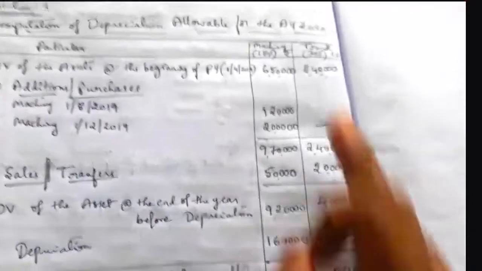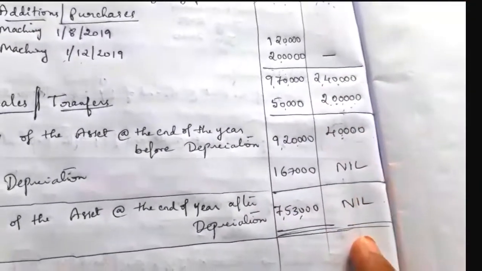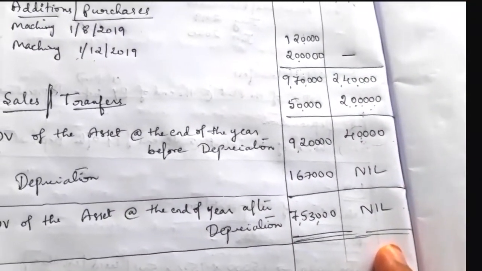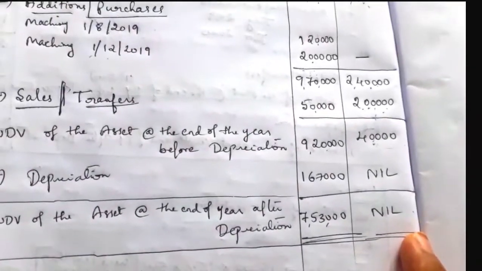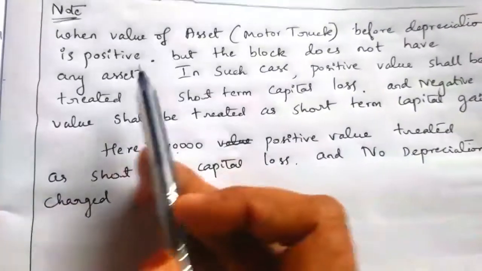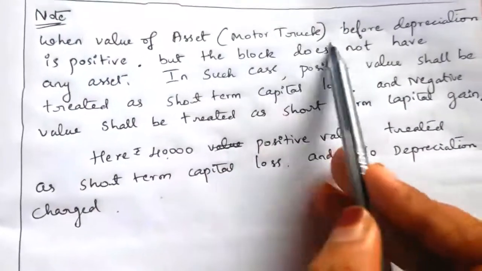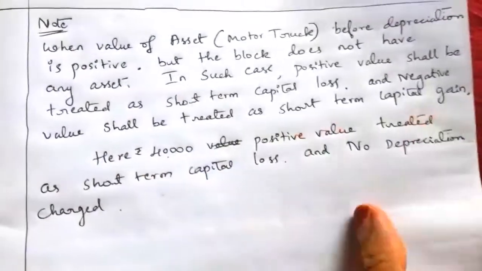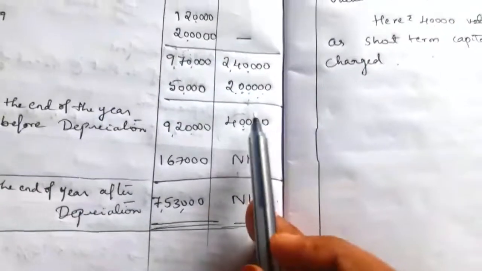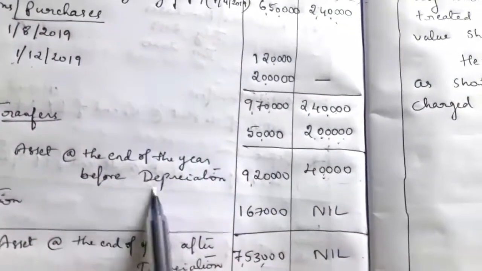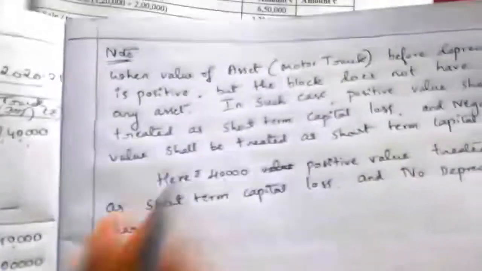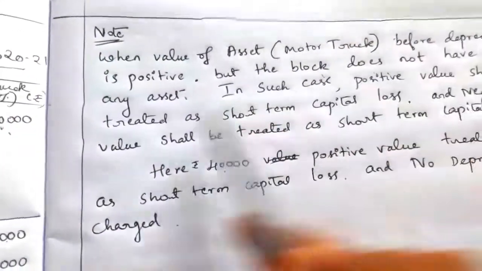But in case of motor truck, it is nil. Written down value is taken as nil. So for the truck, write the note. Here write: when the value of the asset, motor truck, before depreciation is positive, 40,000 is the value, but the block does not have any asset.